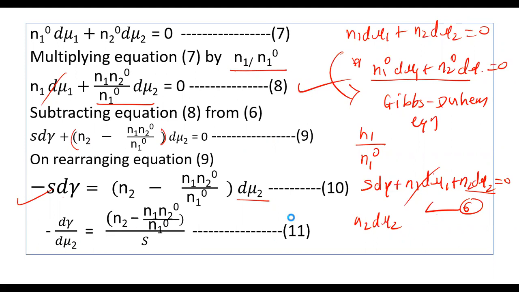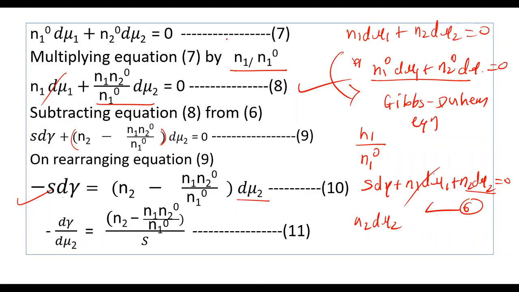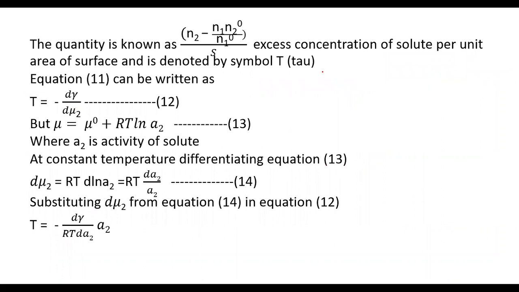Now equation 11 can be modified, for the quantity N2 minus N1 into N20 divided by N10, divided by S. Once again, I would like to write that equation here: minus d gamma upon d mu2 is equal to N2 minus N1 N20 divided by N10, divided by S. This is our equation 11.